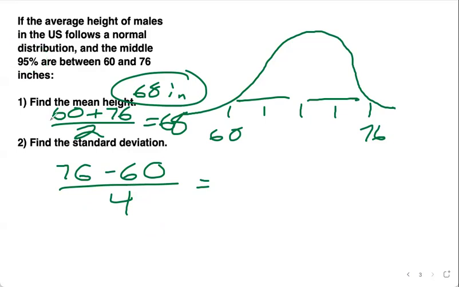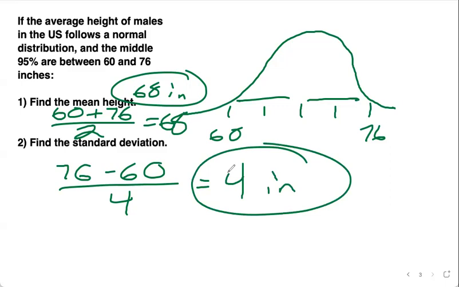If it was 68%, you would divide by 2. If it was 95%, you divide by 4. If it's 99.7%, you divide by 6, if you want to use this process for those endpoints. So 76 minus 60 divided by 4 gives a standard deviation of 4 inches. And there are several examples dealing with the empirical rule, also known as the 68, 95, 99.7 rule.